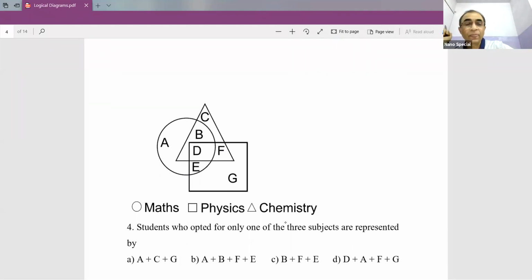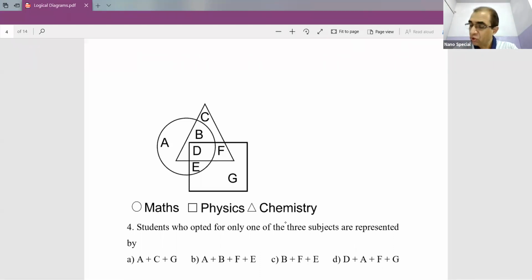Okay, let's see. Students who opted for only one of the three subjects are represented by... Yes, Rishita has answered, Shreya has answered, Ruchita has answered, Akshita has answered. A lot of people have answered. All right.